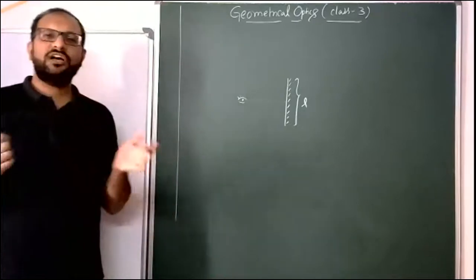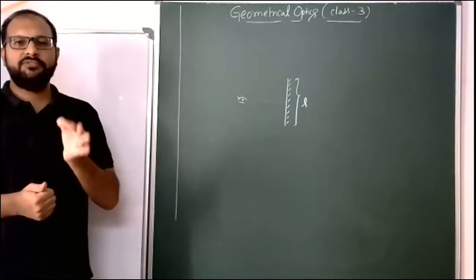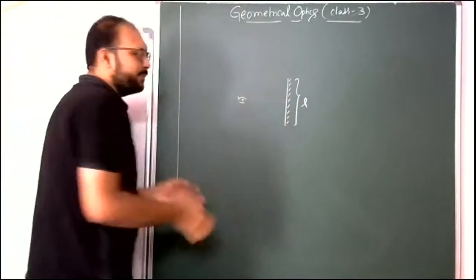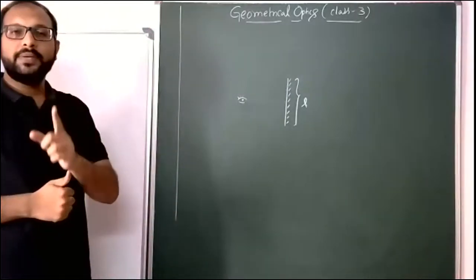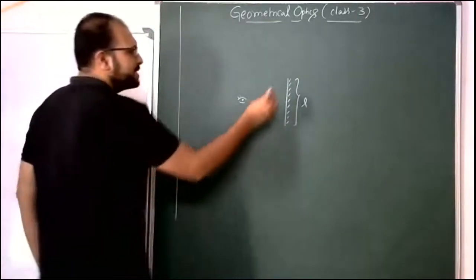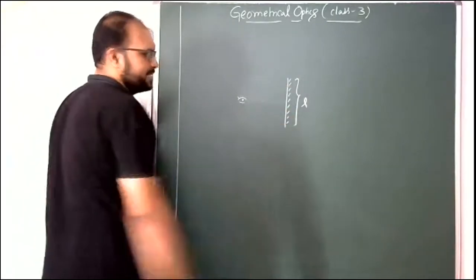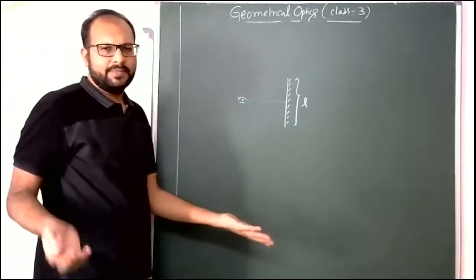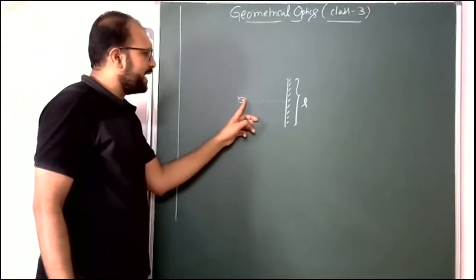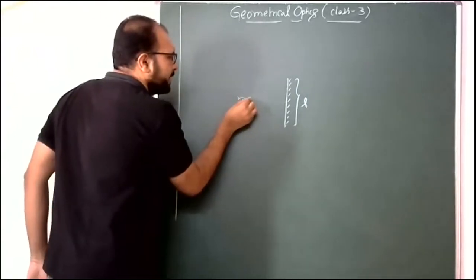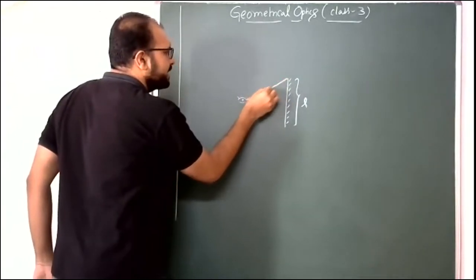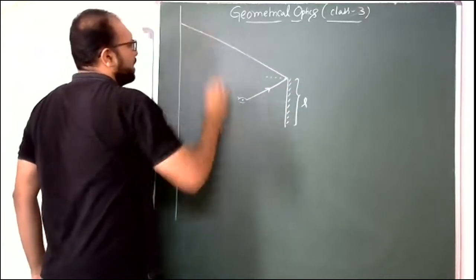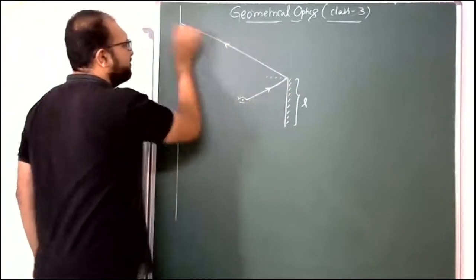So for the determination of that, first, how to find the field of view. Students, from here to here the mirror is there. Now you need to consider the first edges. This is the first edge and this is the second one. The eye may be symmetric or may not be symmetric, but here I have taken it symmetrically. From here to here, this is the incident ray, and this is the reflected ray.